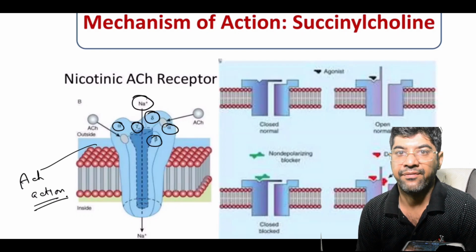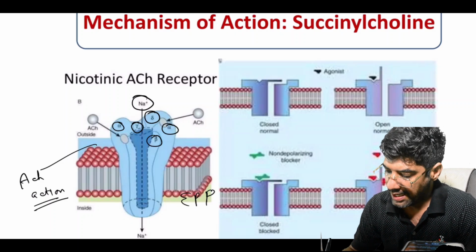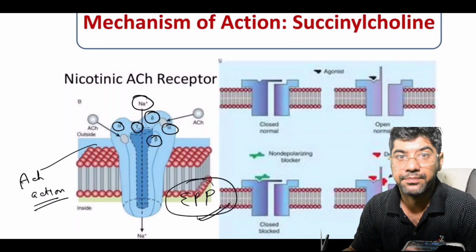As a result, the muscle fails to contract in response to nerve impulses. So what happens to muscle contraction when competitive blockers are used? The muscle fails to contract because acetylcholine cannot activate the receptor to generate an end plate potential.